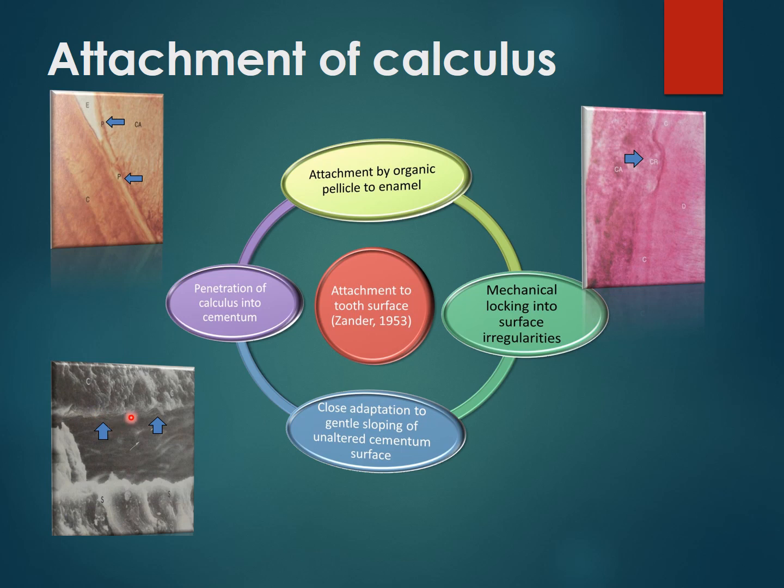These are the four modes of attachment by which calculus can be attached to enamel and the cementum: enamel mainly by organic pellicle, and cementum by organic pellicle, mechanical locking into surface irregularities, close adaptation to gentle sloping of unaltered cementum surface, and penetration of calculus into cementum.